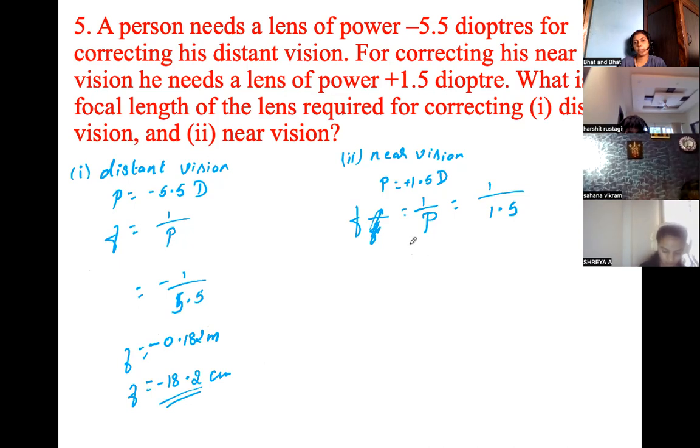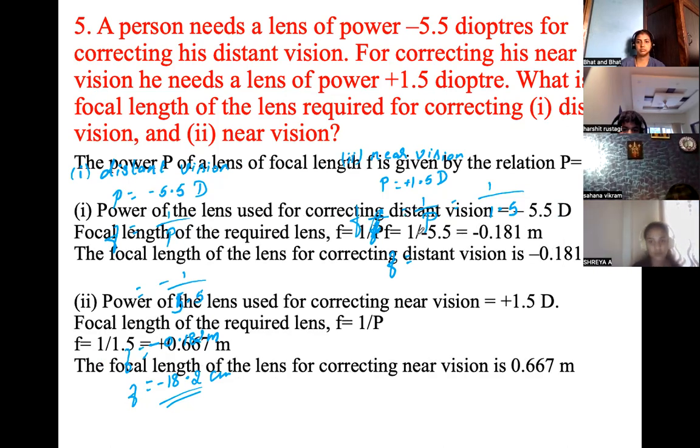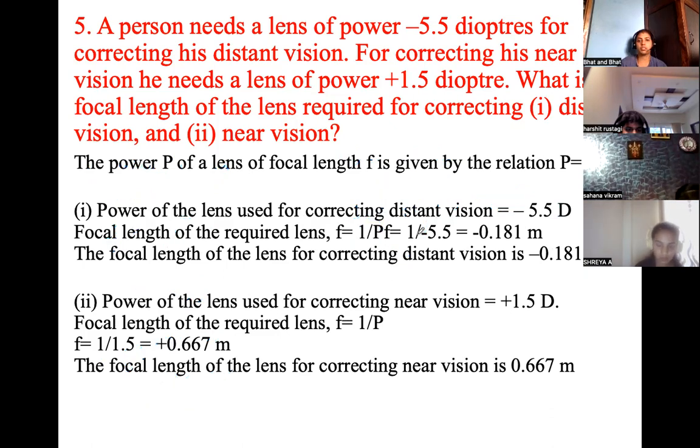Here, 1 by 1.5 is 0.6666, so it is 0.667.